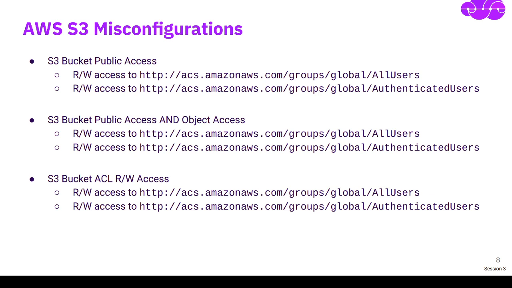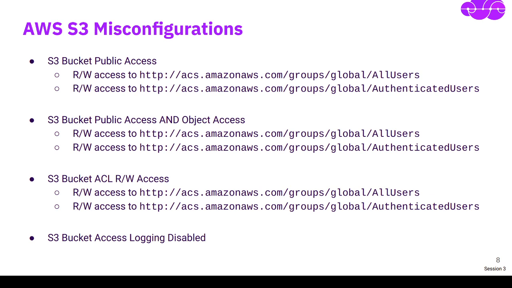But in the ACL read-write access case, the misconfiguration, the permissions are so broad that other people can change the ACL itself of the bucket, right? So even if the bucket is completely private, but the ACL can be written over, you can actually override the ACL and make the bucket public, right? So things like those are also possible. And we look at both the commands that we can use to enumerate bucket policies as well as ACLs next.